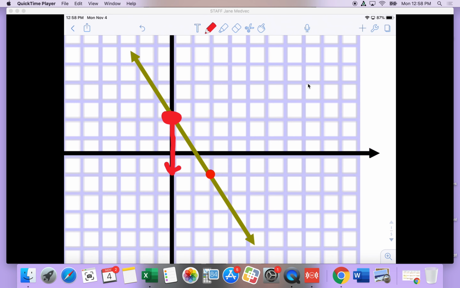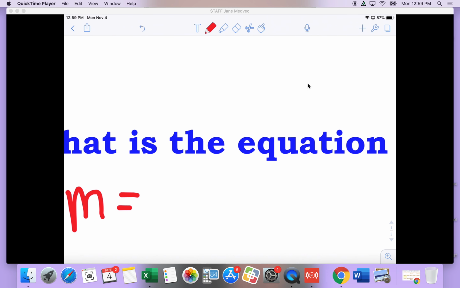Because I go down, it's going to be negative. So -3. And then I'm going to go to the right 2. So my slope is -3/2. Can I write it as -1.5? No, we're going to leave it as rise over run, right?